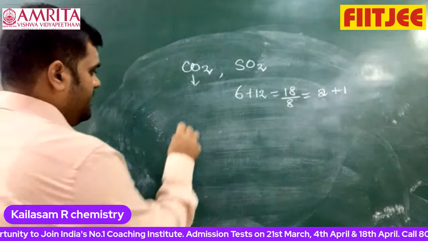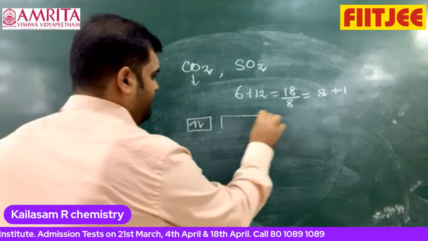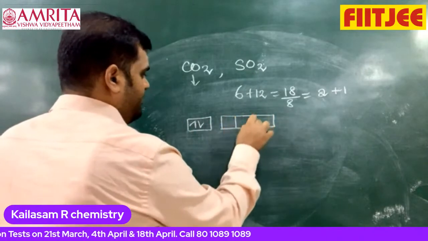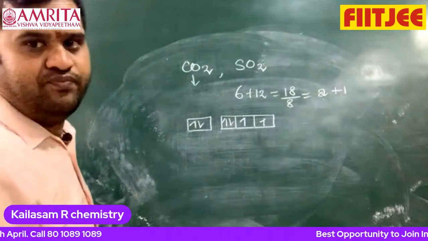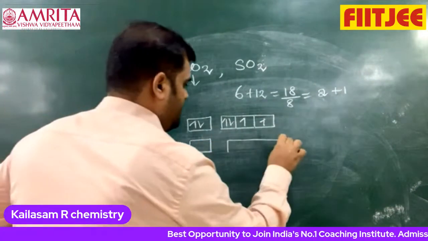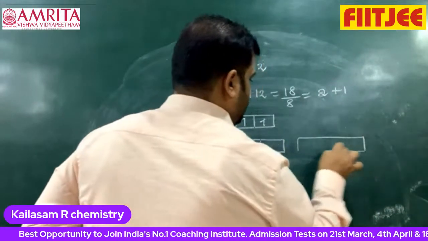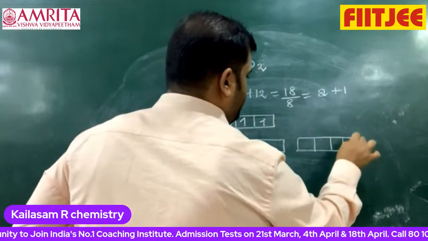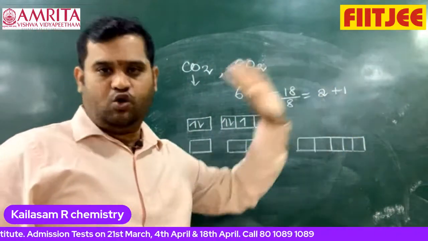Look at that. Now I am going with sulfur. This is 3s2 3p4. And look at this. We know that sulfur has the presence of empty d orbitals. Now I want two bond pairs and one lone pair.